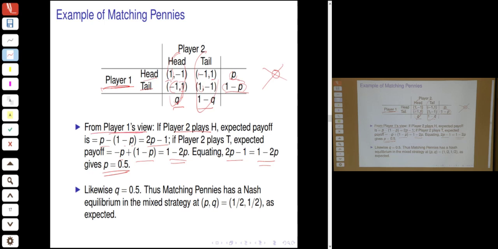You can do a similar analysis from player 2's point of view and obtain the optimal value Q star, which is 0.5. So the game of matching pennies has a Nash equilibrium in mixed strategies at the optimal value PQ, which is P star comma Q star, which is 0.5 comma 0.5, or 1/2 comma 1/2.